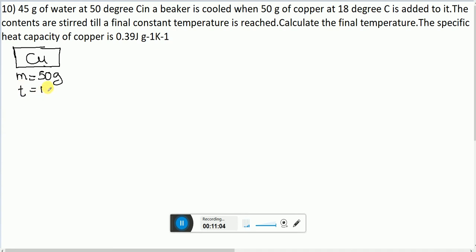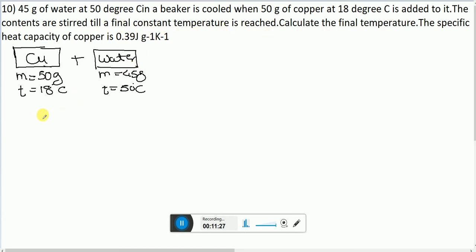Temperature is 18 degrees centigrade, and when this is added to water whose mass is 45 grams and temperature is 50 degrees centigrade. So when these are added, the contents are stirred till a final constant temperature is reached.